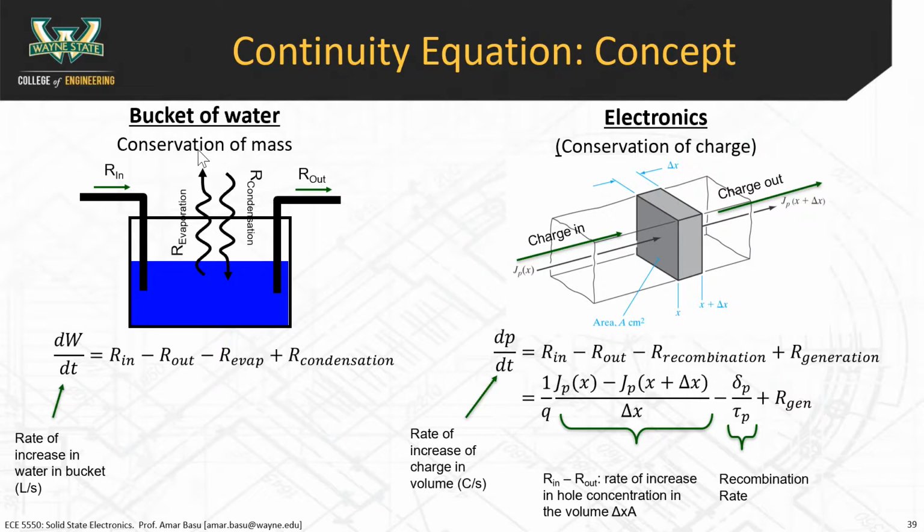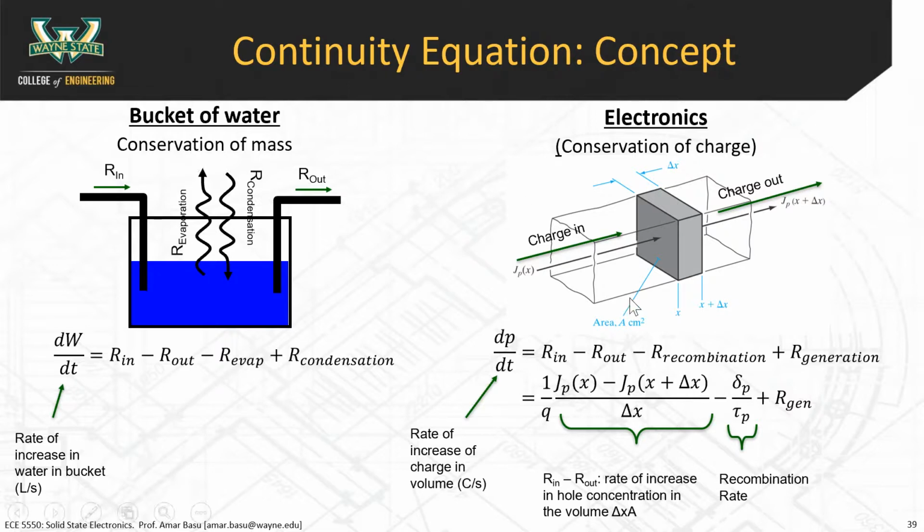It's a basic statement of conservation of charge, and all the processes that we learned about in this module so far, diffusion, drift, generation, recombination, they all are processes that contribute to charge movement or charge generation and charge removal. So they all kind of go into this equation. All right.